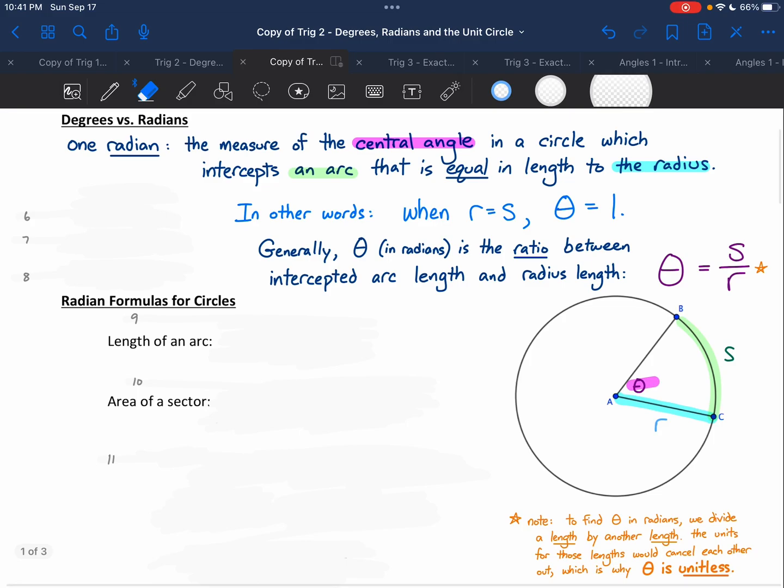Since we're talking about length divided by length, centimeters divided by centimeters, feet divided by feet, those units are going to cancel out. When we say 1, we don't say 1 radian, we can just say 1 because in theory and technically, radians are unitless. So when I say theta equals pi, you don't ever hear anything after that, you are assuming that it is in radians.